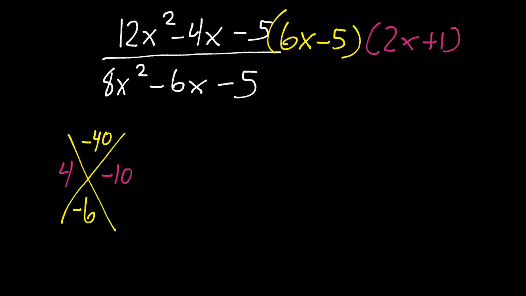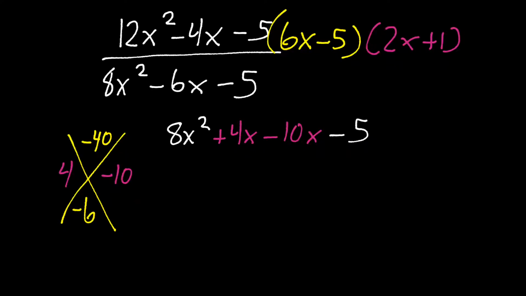So I will rewrite the denominator as 8x squared plus 4x, remember we take the 4 from over here and put an x on it, minus 10x, we took this negative 10 and put an x on it, so that both of them combined make up this negative 6x, and then minus 5.